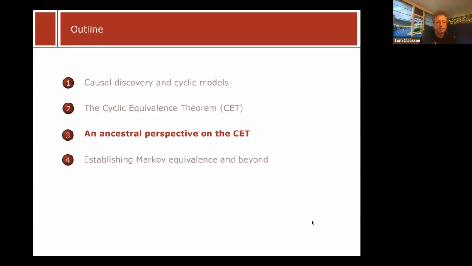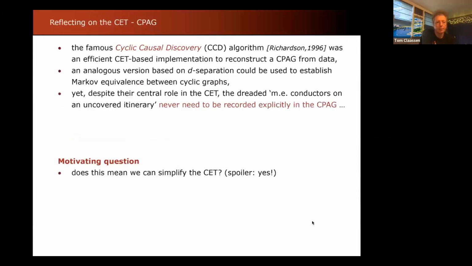Okay, next slide, please. So now we get to an ancestral perspective, trying to make some sense. Next slide, please. If we look at what Thomas also managed to do there, it's the famous cyclic causal discovery algorithm.